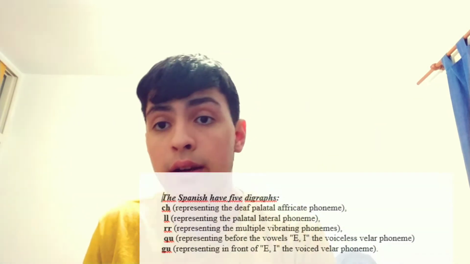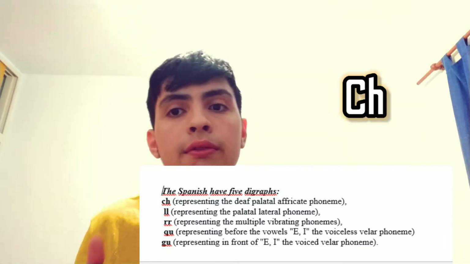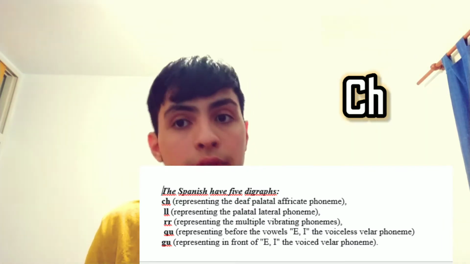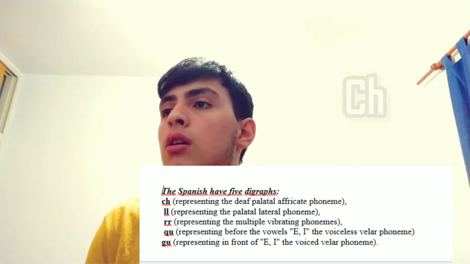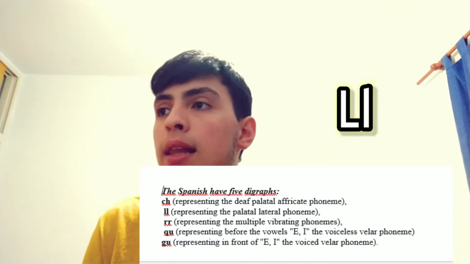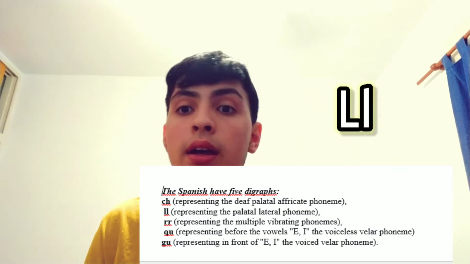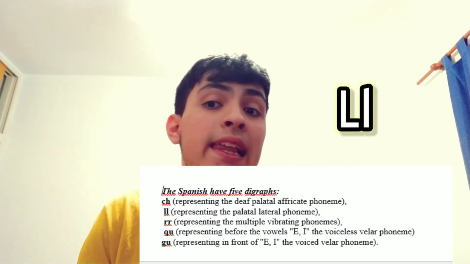Basically, we know that Spanish has 5 digraphs, like ch, which represents the voiceless palatal affricate phoneme, the ch sound you make in your mouth. Ll represents the palatal lateral phoneme, the sound like l.